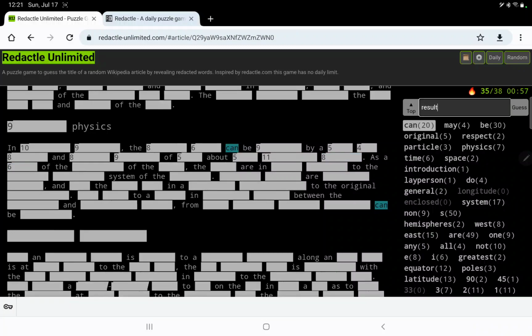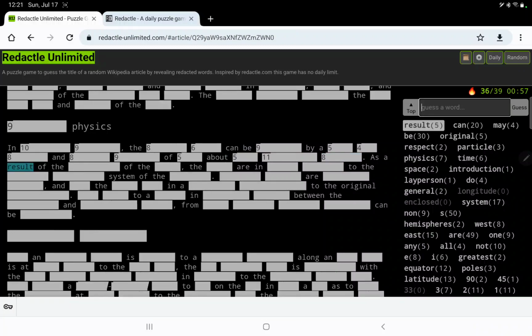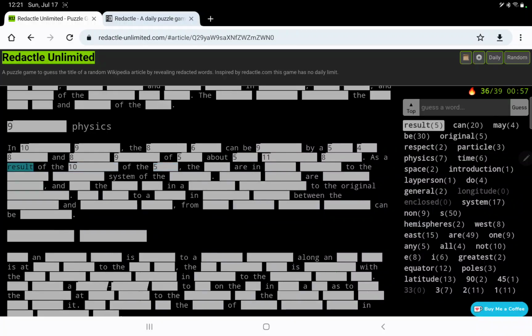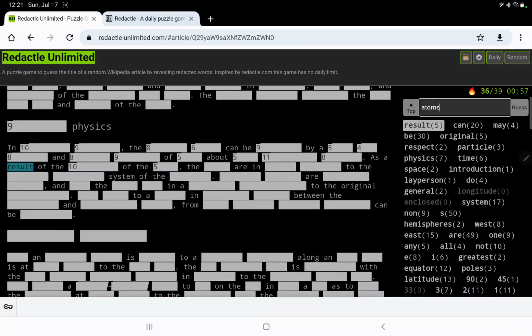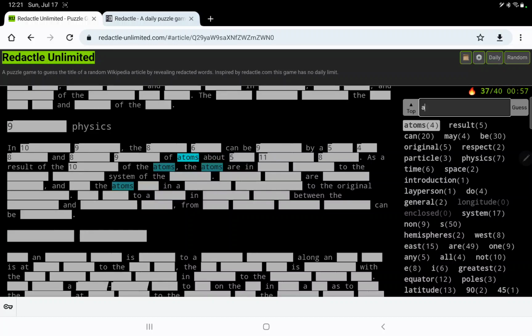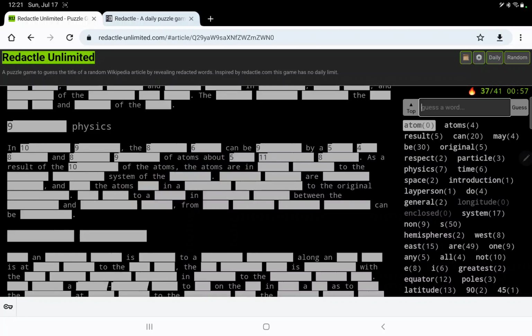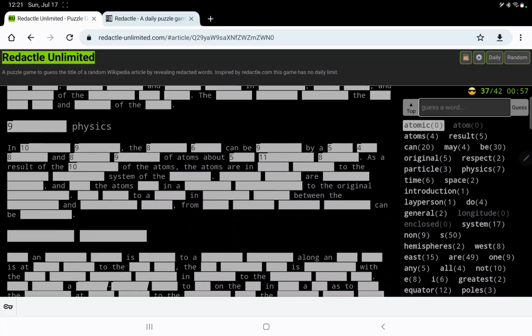"As a result of the something of the atoms." Yes. Let's do atom. No atom, singular, that's interesting. Atomic? No atomic. Okay.